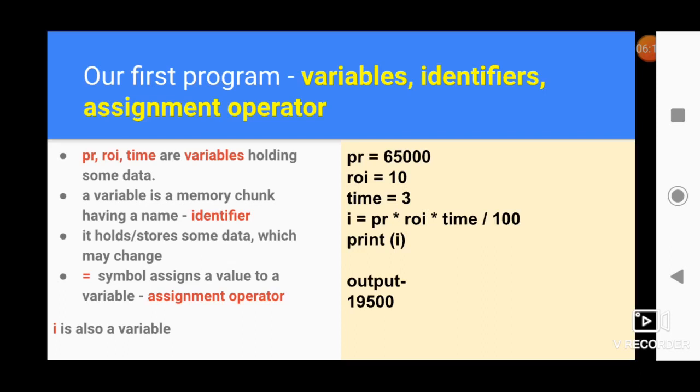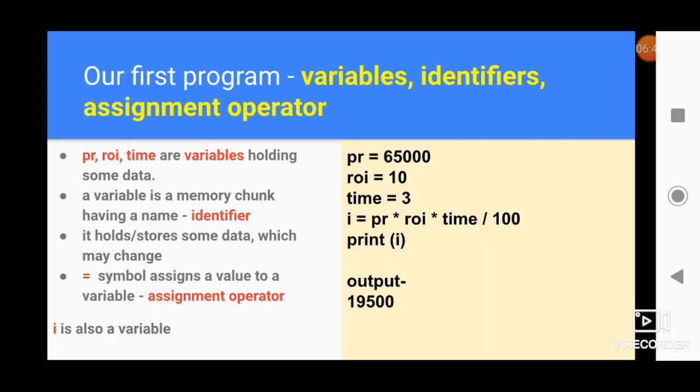Now what is happening here? That equal to symbol, as we use it in mathematics, represents equality of two quantities, but in Python programming language, the equal to symbol has a special role. It is called the assignment operator in Python. What it does is it assigns a value which is appearing on its right hand side to the variable whose identifier is appearing on the left hand side of the equal to symbol.